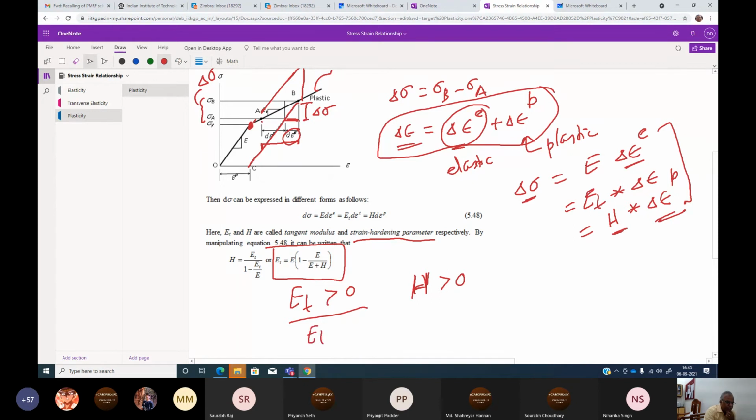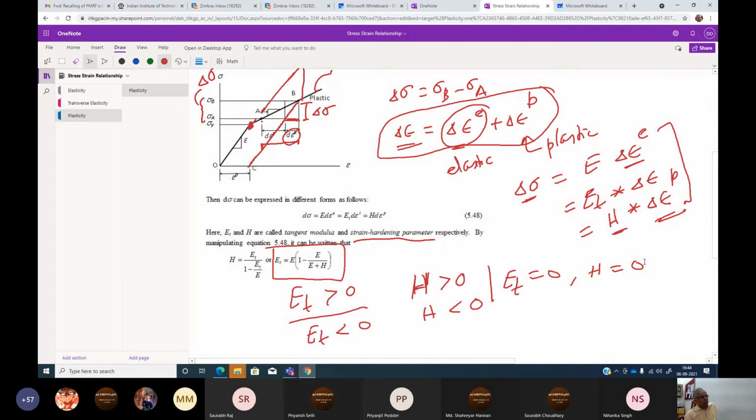If it is to be less than 0, then H is to be less than 0. Isn't it? And finally, if it is to be 0, then H is to be 0. So this is what the hardening modulus plays here.